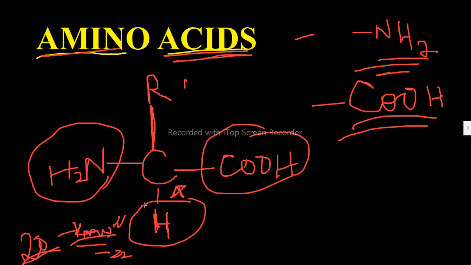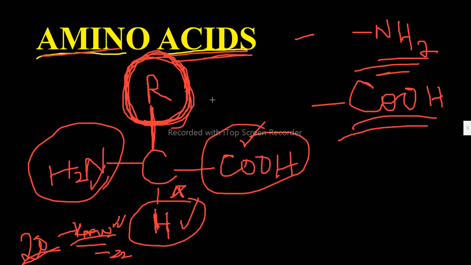So all the 20 amino acids have this common part, but what varies is this R group. It's this group that determines which amino acid is which.